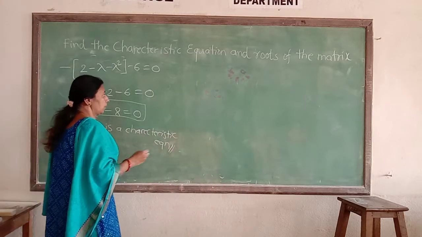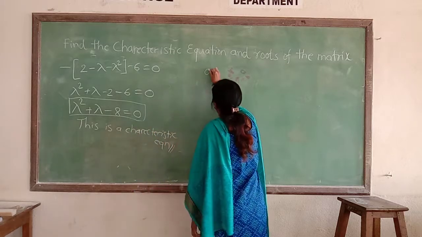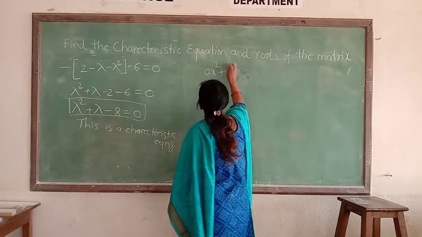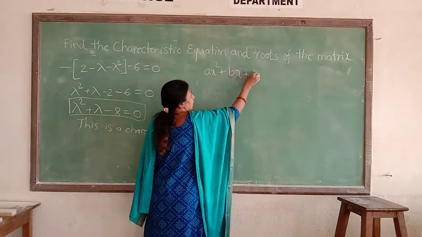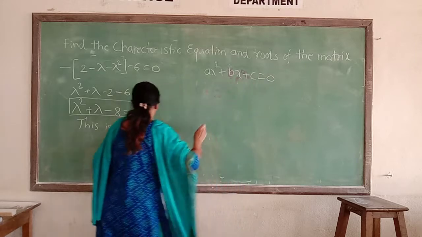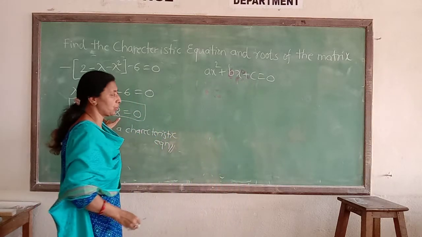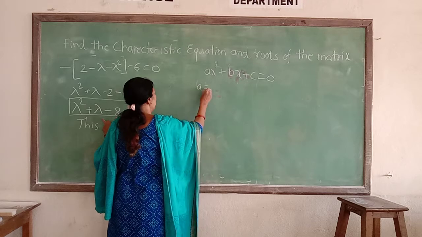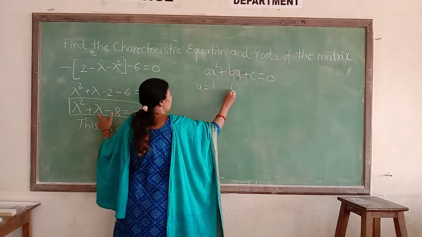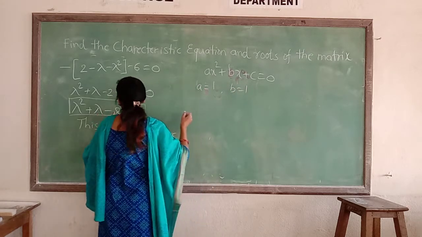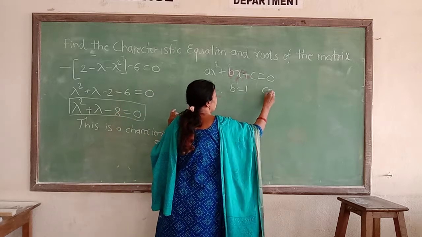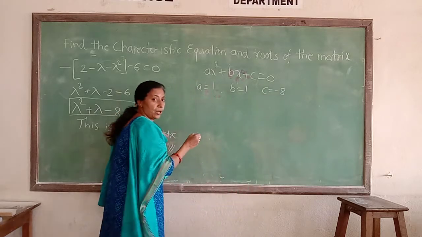So here you have to compare this with ax square plus bx plus c equal to 0. Compare this equation and write what ABC are. Here a is 1, b is also 1, and c is minus 8. So write the formula here.